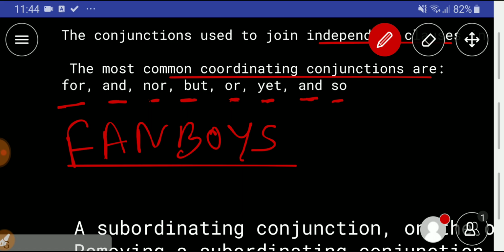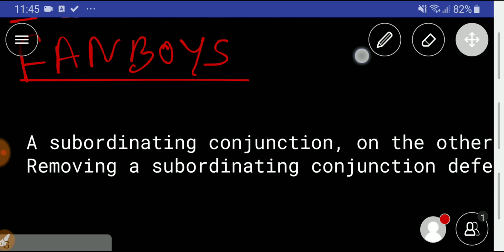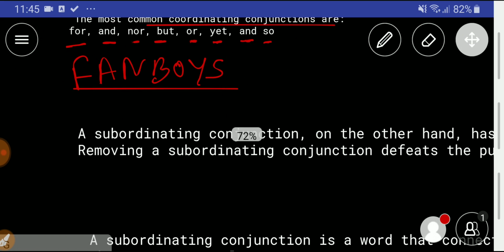You have to remember this word. F means for, A means and, N means nor, B means but, O means or, Y means yet, and S means so. By using FANBOYS, you can remember coordinating conjunctions, and finally you will be able to identify a compound sentence.